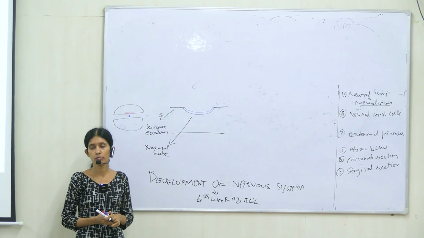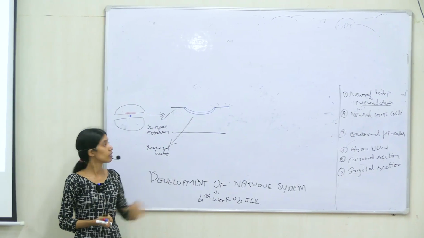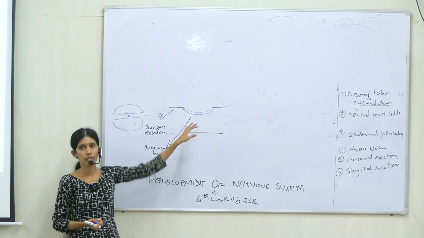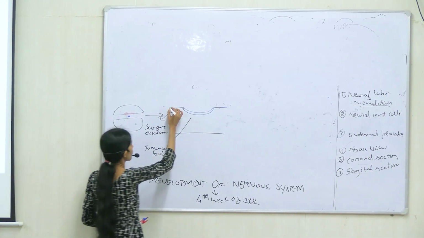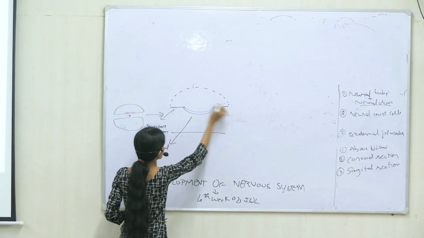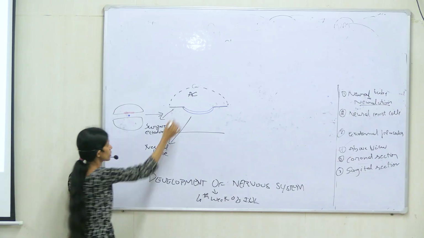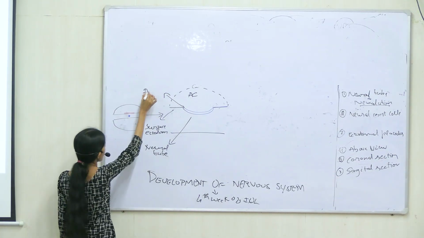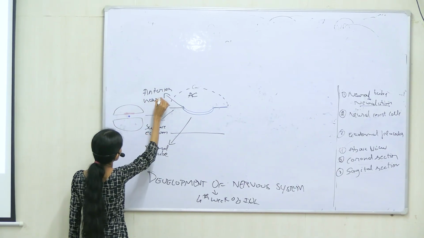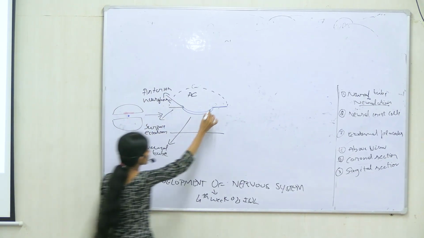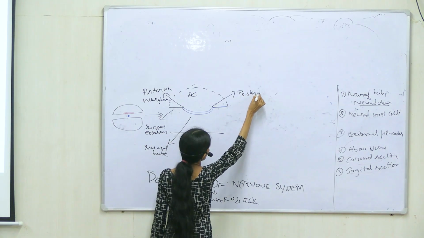So, for the nutrition and nourishment of the developing neural tube, it will be in contact with your amniotic cavity. This opening is called the anterior neuropore, and this opening is called the posterior neuropore.